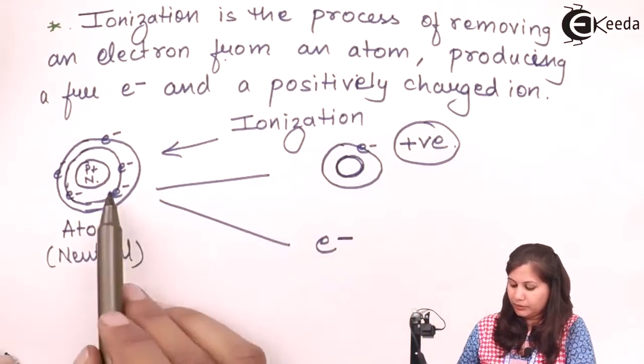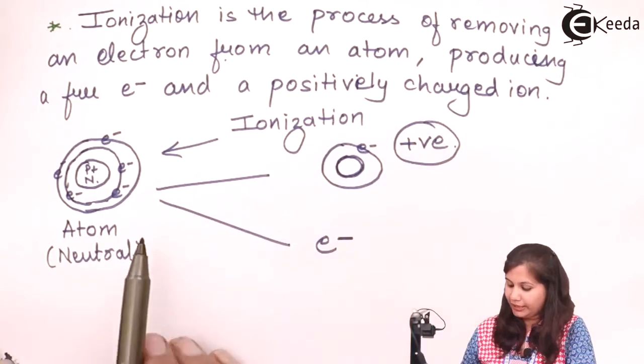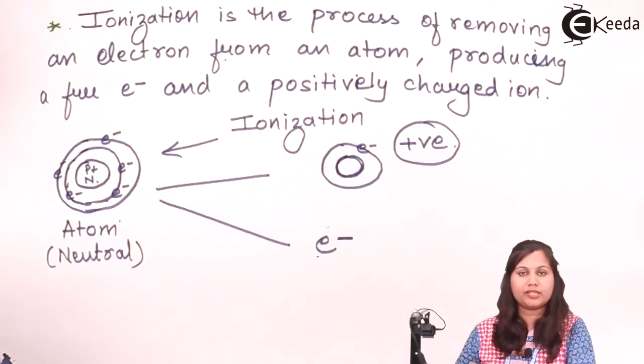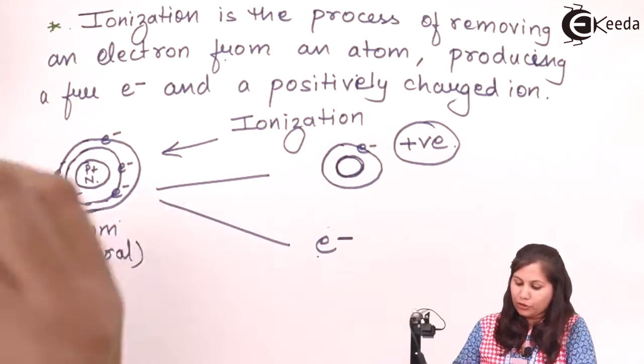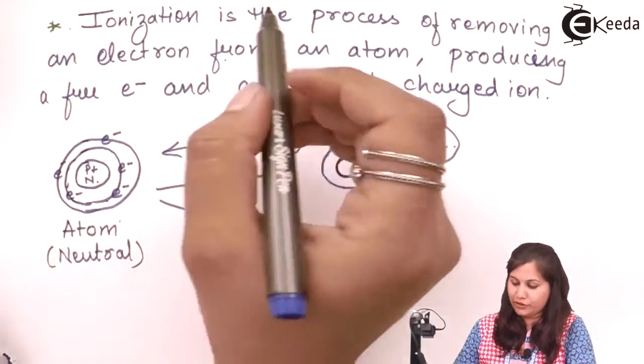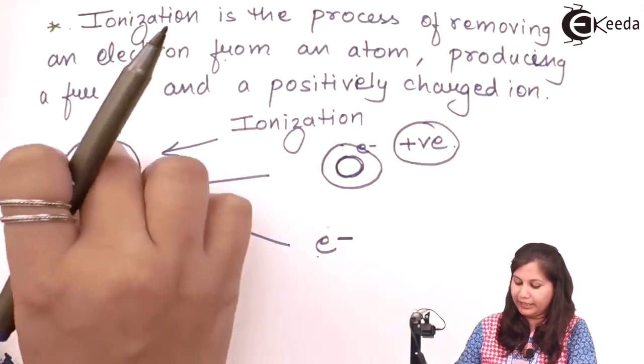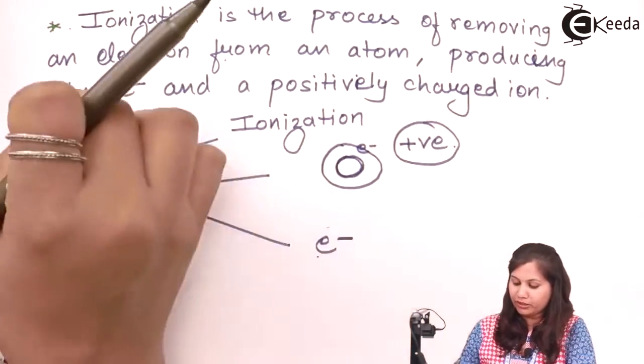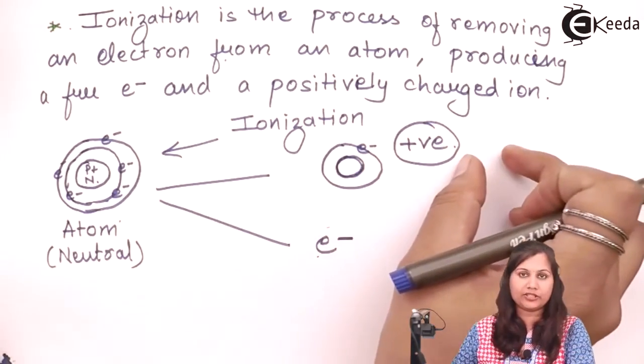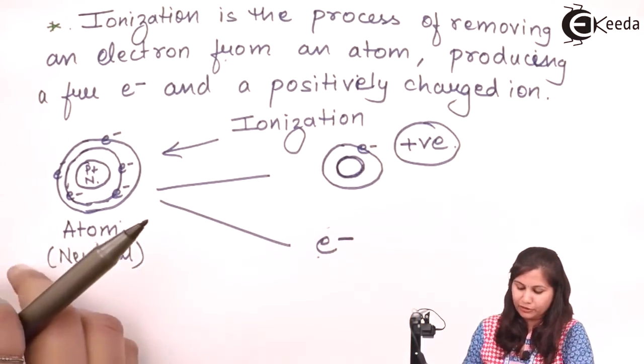The atom becomes a positively charged ion, and we have an electron which is moving in free space. So ionization is a process of removing an electron from an atom, producing a free electron and a positively charged ion. Now there are various methods of doing this ionization. Ionization can be done by providing very high energy to the atom, or due to the collision of the atoms, free electrons are also produced.